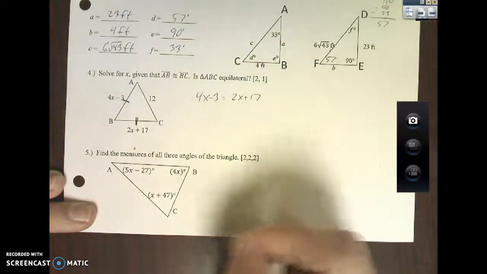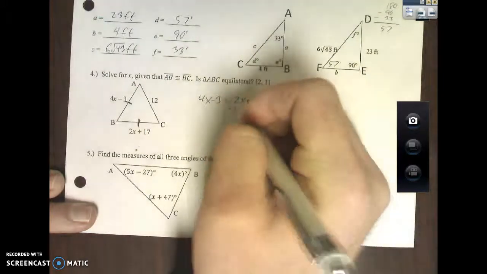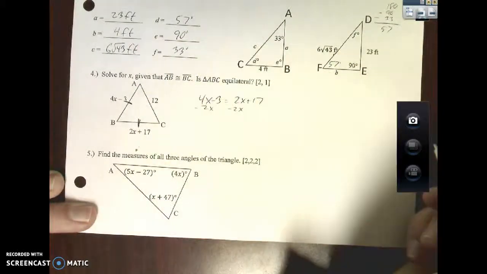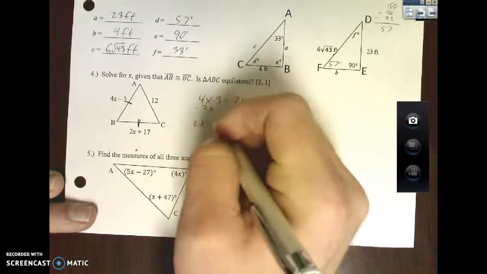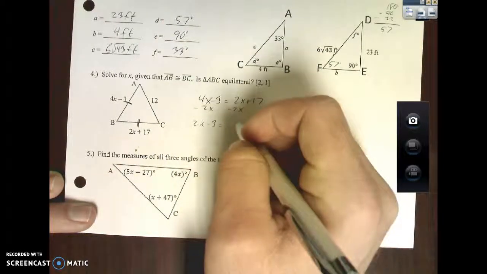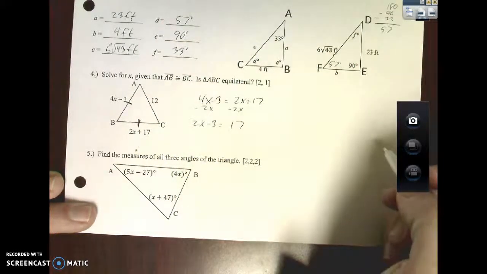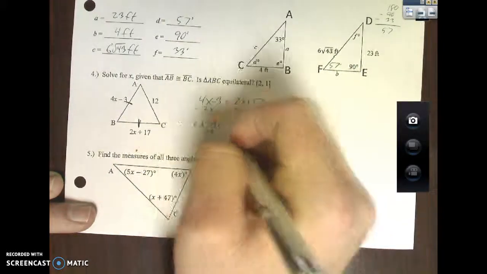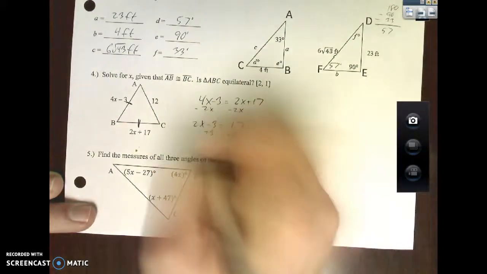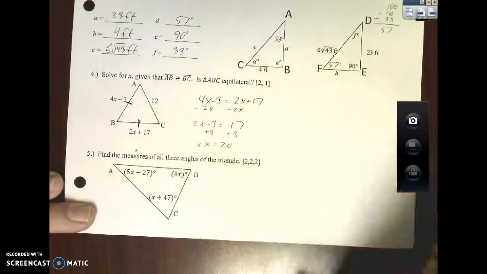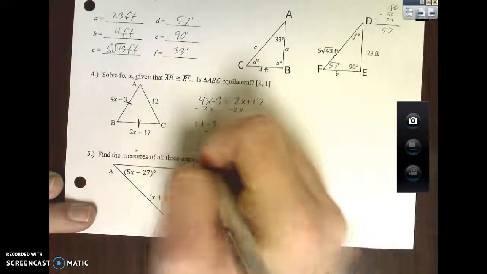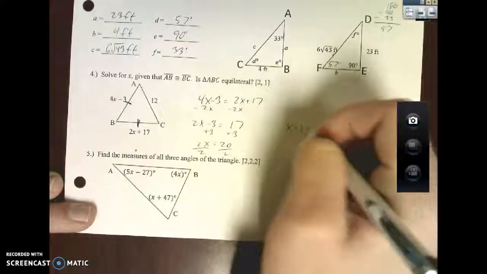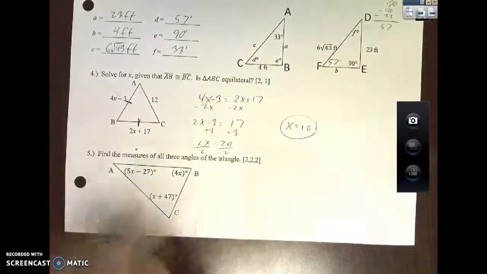Now all I'm doing is getting x's on one side. I can subtract 2x from both sides. I get 2x minus 3 equals 17. I can add 3 over. I get 2x equals 20. And divide both sides by 2. X equals 10. So the first part's done.